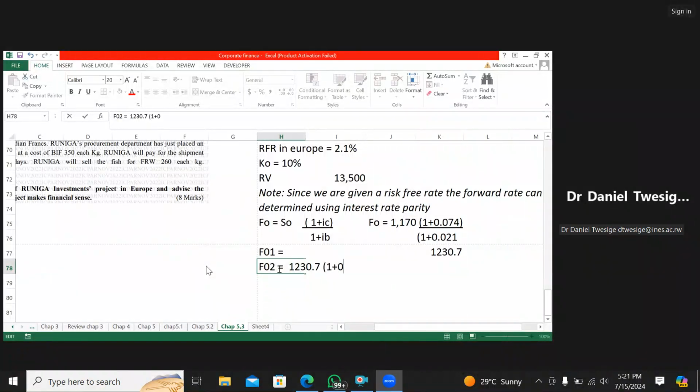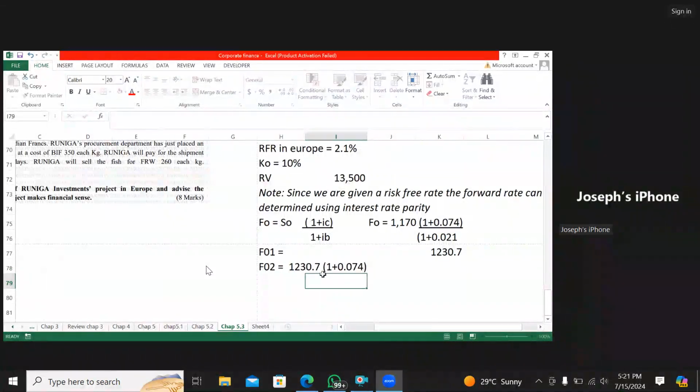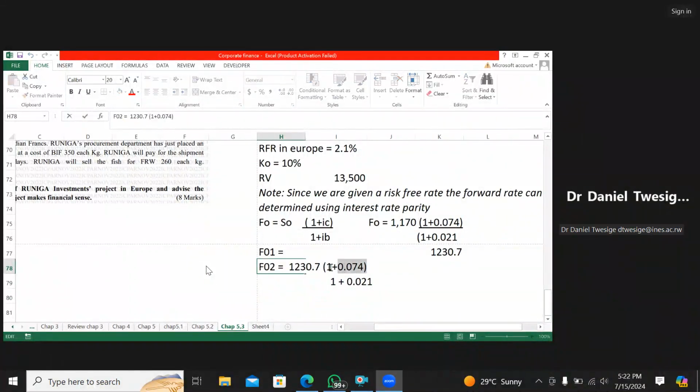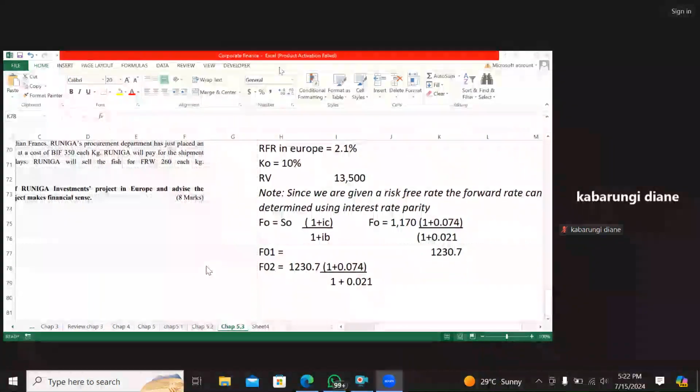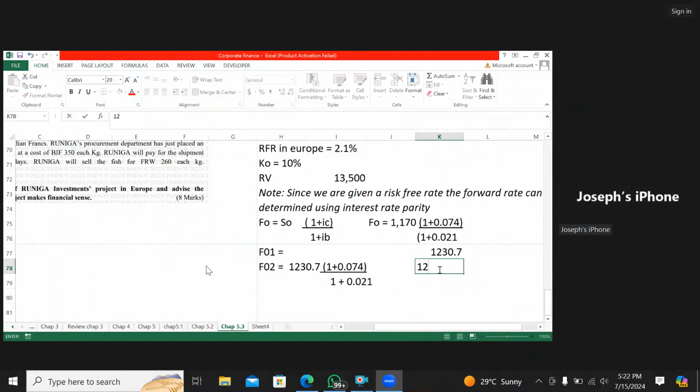into 1 plus 0.074. What do you get? It's 1294.6.